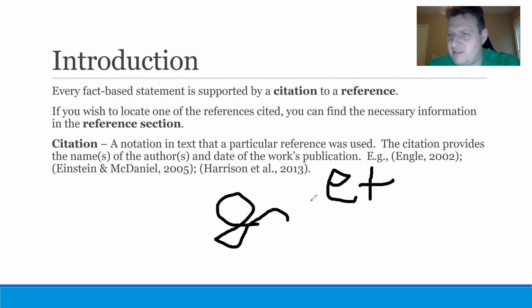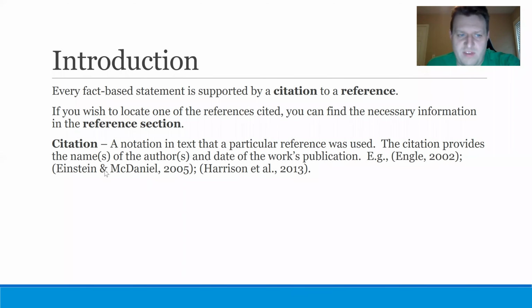I don't really see it, but that's kind of what it is. So this is an ampersand for two authors. You want to make sure that you include that there. If you have 5 or more authors, you use et al. Et means "and" in Latin. Al here is an abbreviation for "alii," which means "others." So Harrison and others, the paper in 2013.